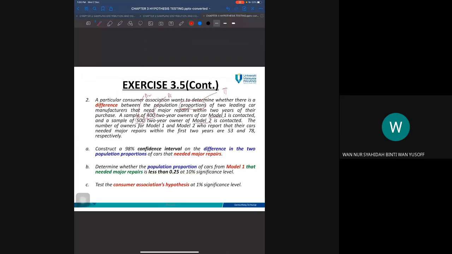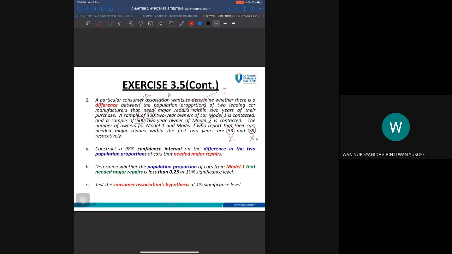The number of owners for model 1 and model 2 who report that their car needed major repairs within the first 2 years are 53 and 78 respectively. So 53 here, X1. 78, X2. So definitely it is not the P.